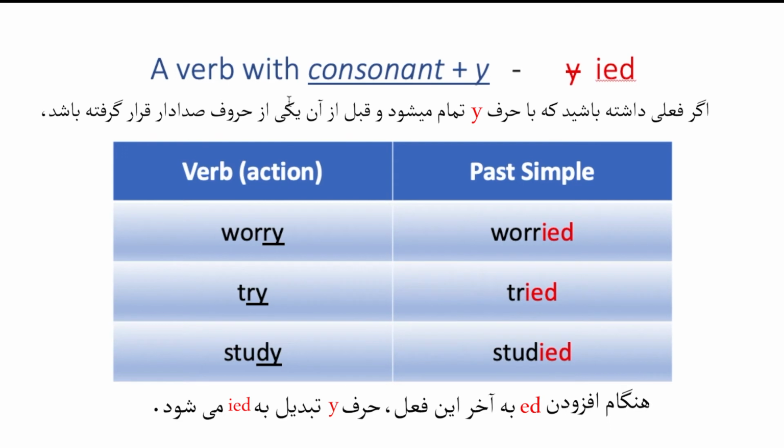if you have a verb where the last letters are consonant and Y, then you delete the Y and write IED, okay, for the past.